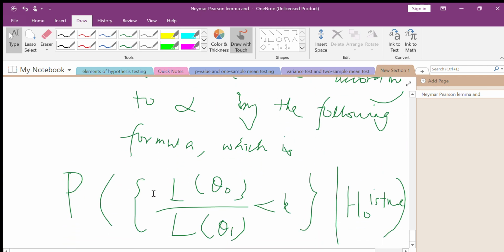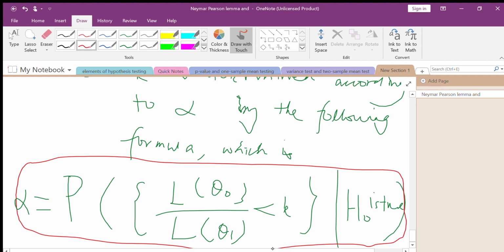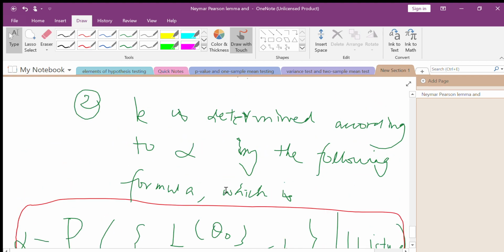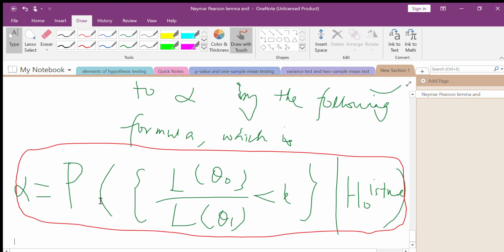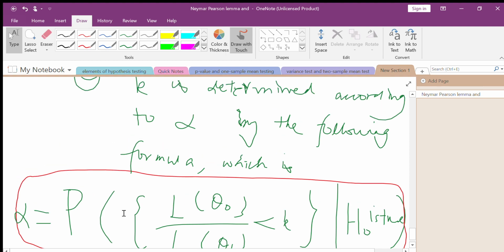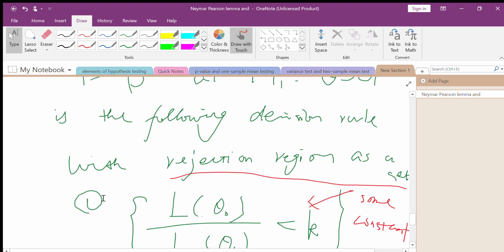We set this probability equal to alpha, then we can solve for k. So k is determined through this equation. This is the Neyman-Pearson lemma.